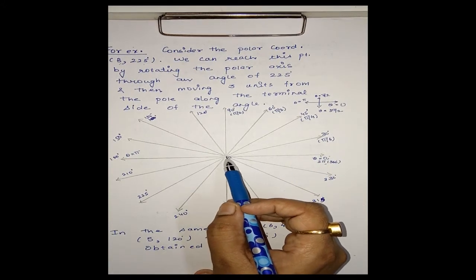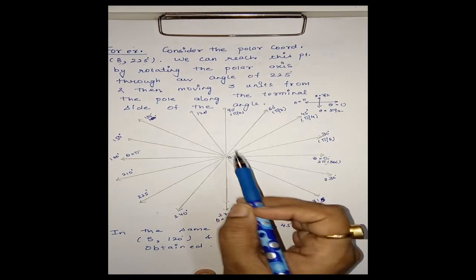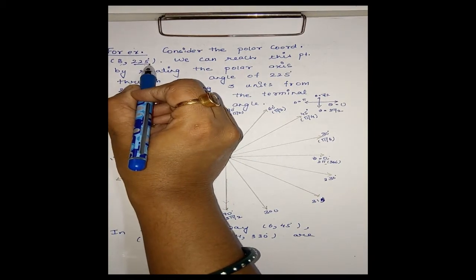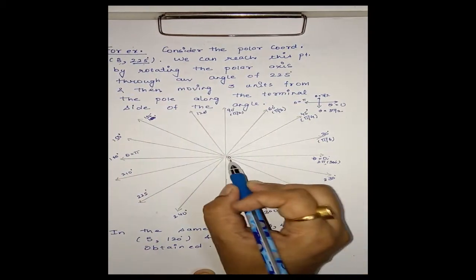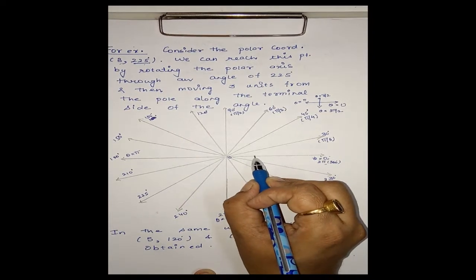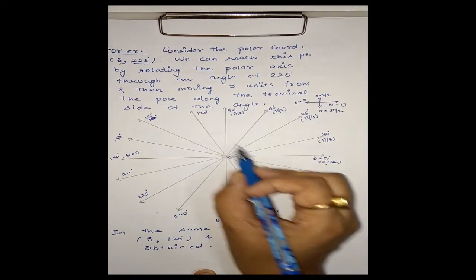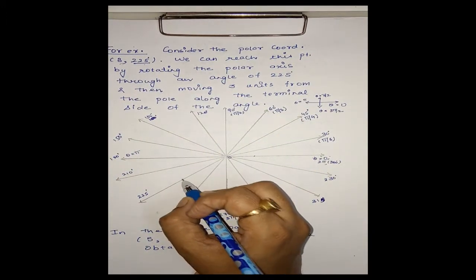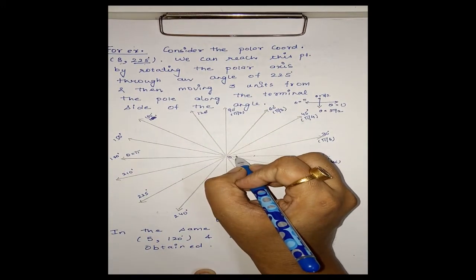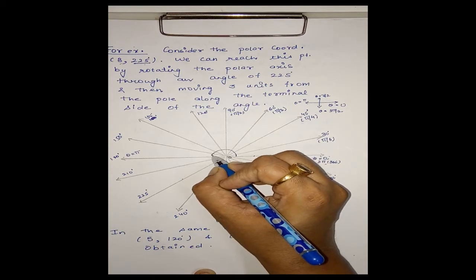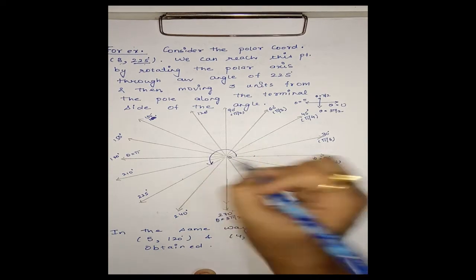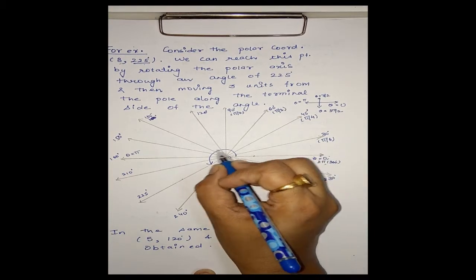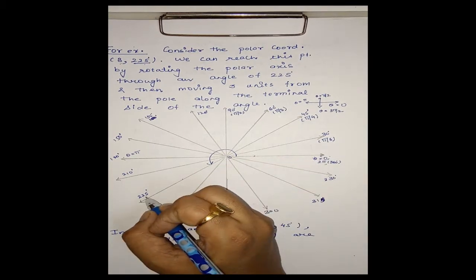This is origin O and we have to locate 225 degrees first. Now let us rotate this fixed line, the polar axis, to an angle of 225 degrees.